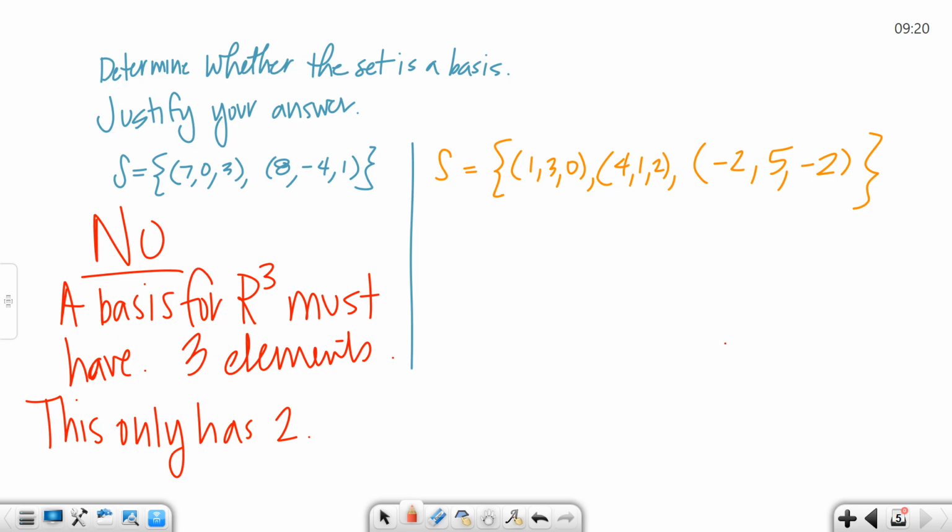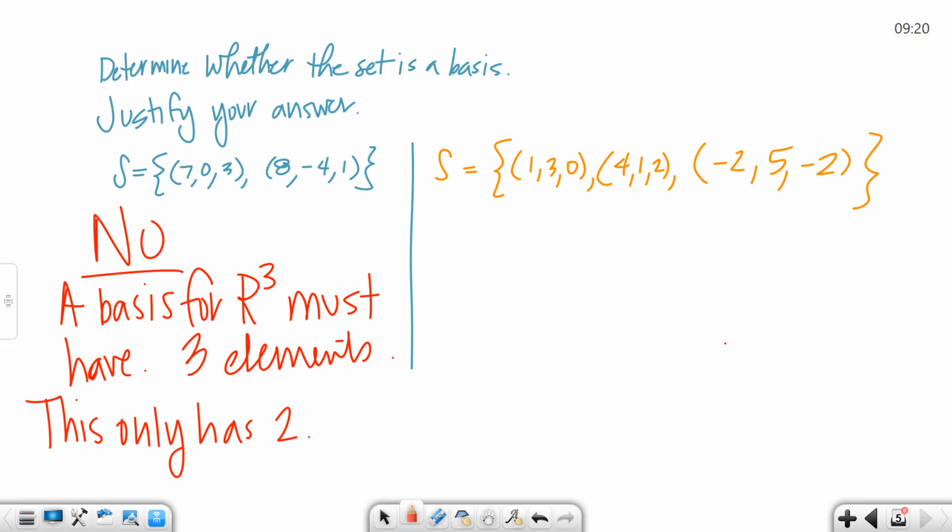So even though it's supposed to be of dimension 3 of R3, it's not going to be the basis. Correct. Yep. All right, so looking at this first one, it had 2 elements. A basis has to have 3 elements, so we know automatically off the bat it is not a basis. Okay, and that's how you could justify it.